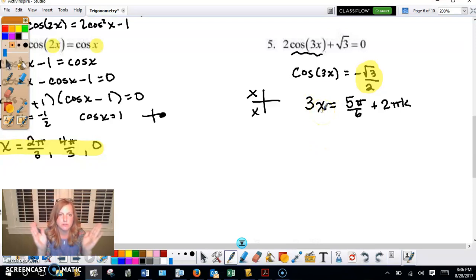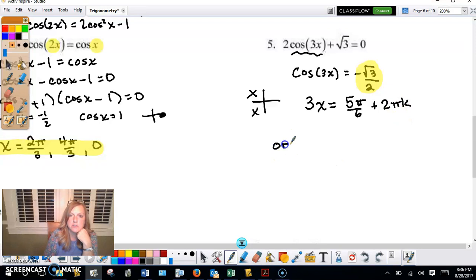This is where you have shrunk the graph so that it is a third of what it used to be. That means it repeats 3 times in the same 0 to 2 pi interval. So where before I would have had 2 answers, now I'm going to have 6 answers because it repeats 3 times as much. And so you have to put this in so that you see that.